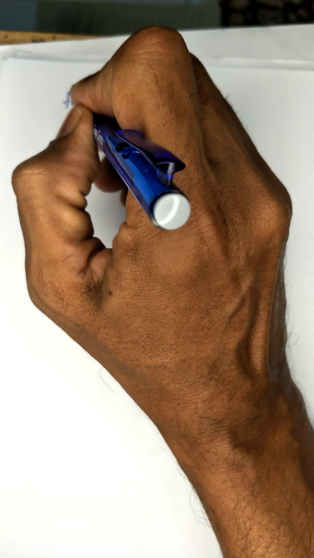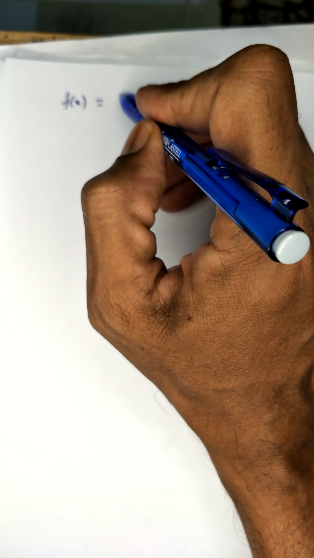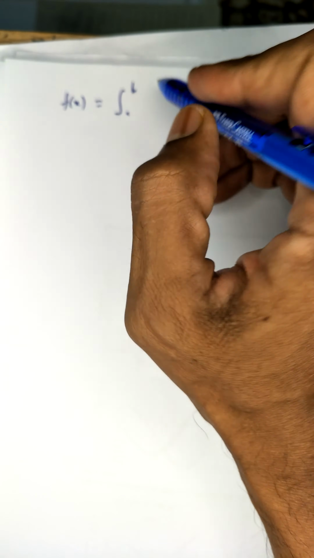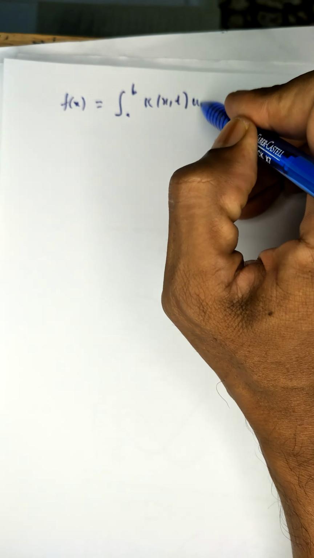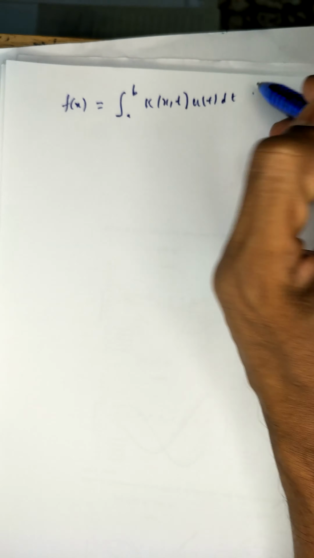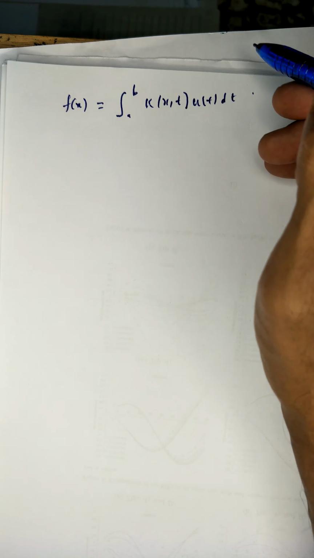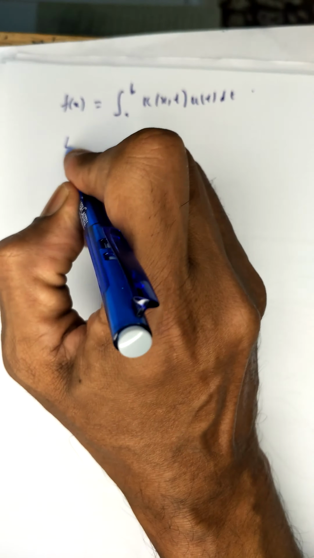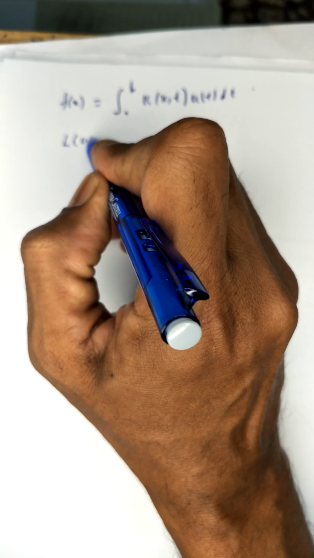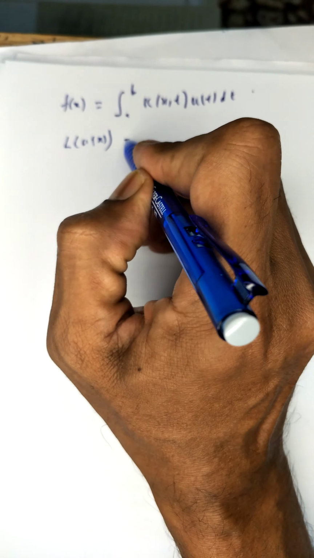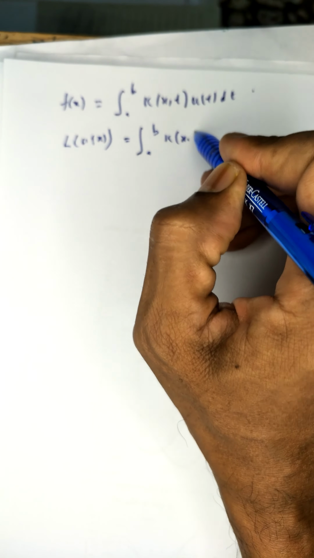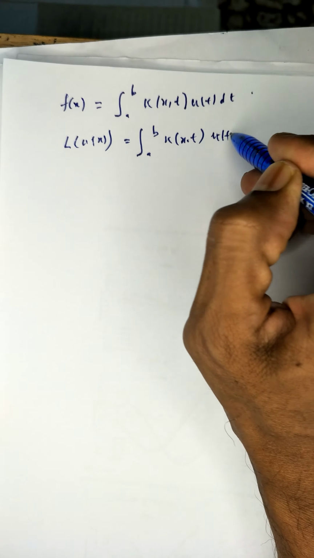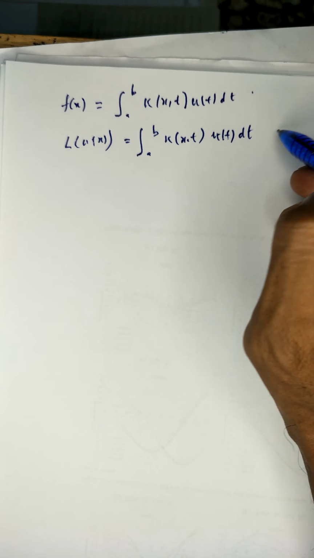From f(x) equal to the integral from a to b of k(x,t) u(t) dt, we can write L u(x), which is the integral from a to b of k(x,t) u(t) dt, equal to f(x).